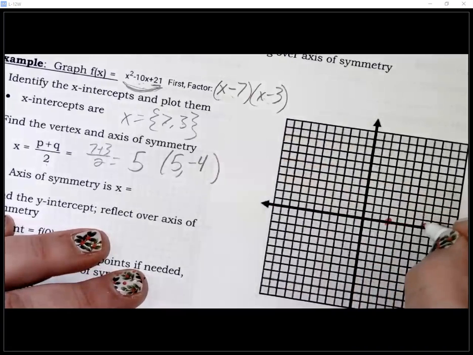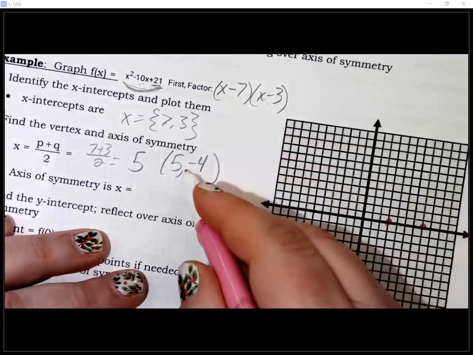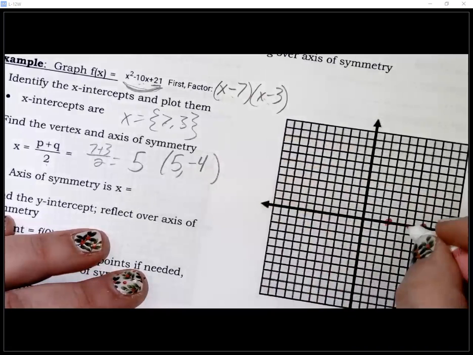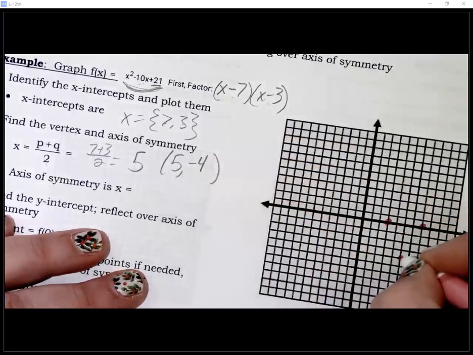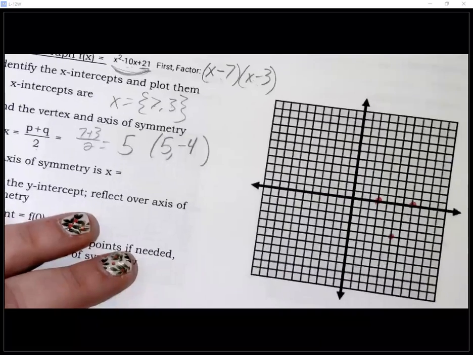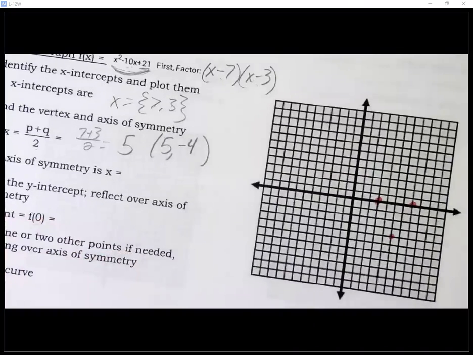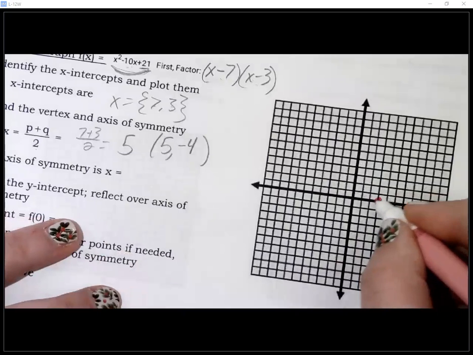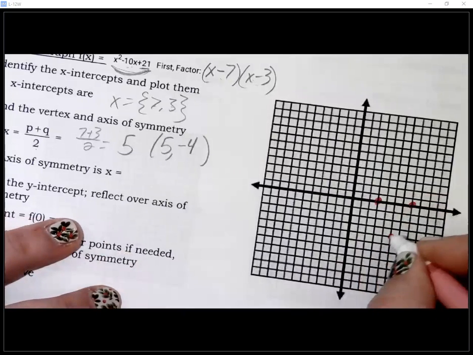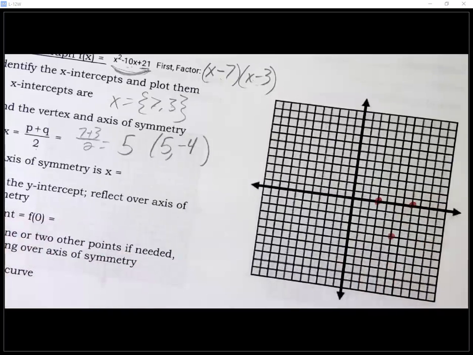And now I found out that the vertex is at 5, -4. And it should all look pretty symmetrical already. Oh, that's funny. These are bright pink on the paper, but it comes up like black on the screen. Well, anyway, if your vertex is not symmetrically in between those two, something's wrong.